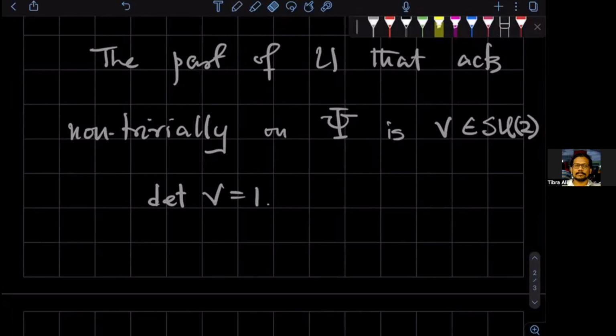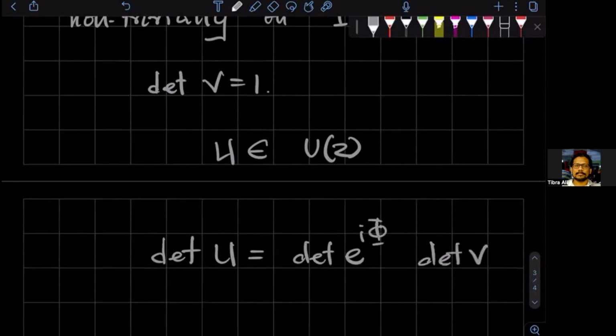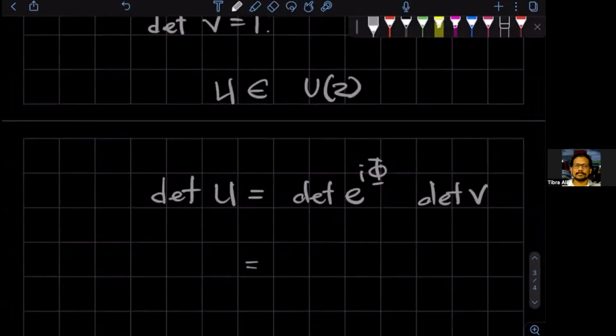So if I took U, which was an element of U2, and I take the determinant of U, then we'll have the determinant of e to the i phi times the determinant of V. And then this will give me e to the power 2i phi, times 1.